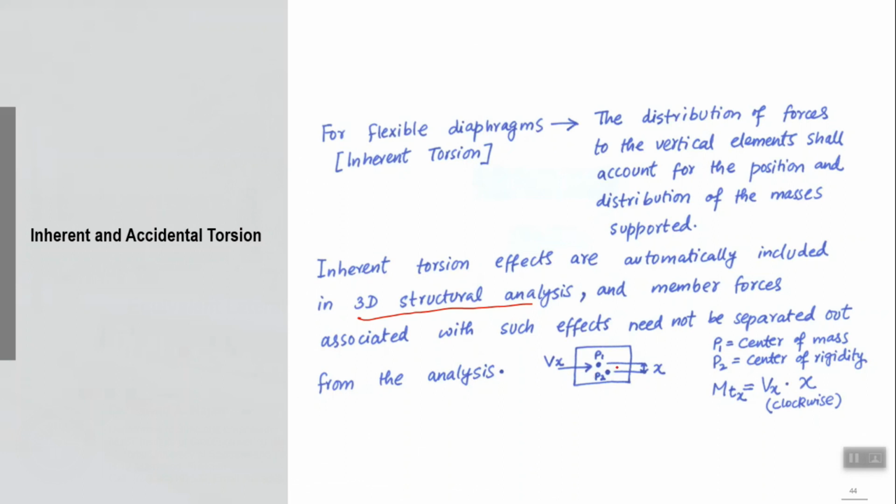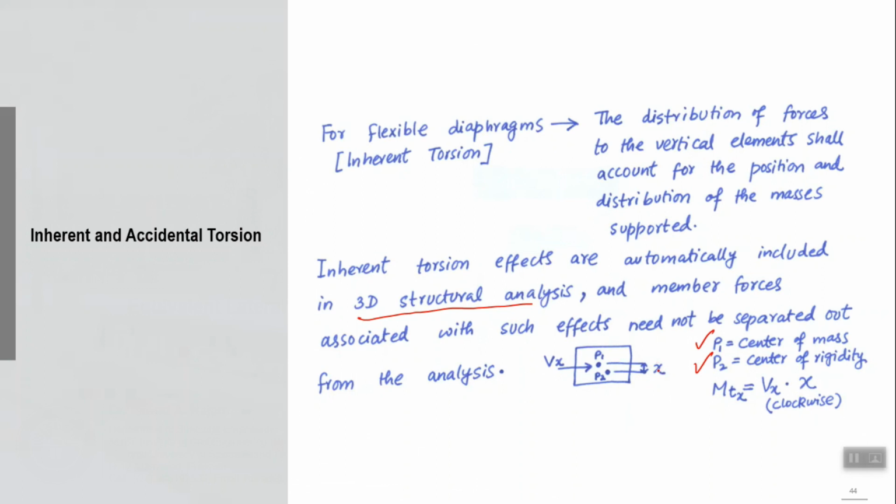So, let us say this is the plan view of a diaphragm and Vx is the story force calculated by the ELF method, right, for this particular story. P1 is, let us say, the center of mass and P2 is the center of rigidity, and x is the eccentricity in the perpendicular direction of the applied loading, right? So if applied loading is in the x direction, we should consider the eccentricity in the y direction.